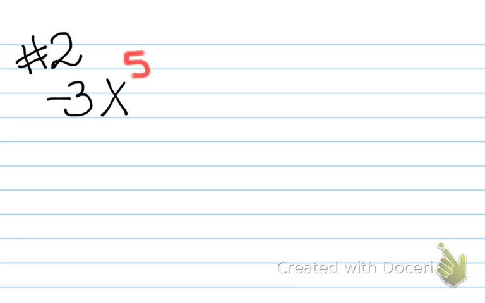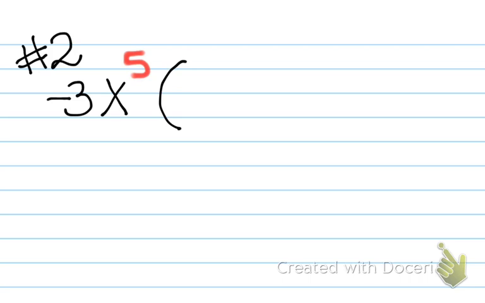Okay, now we're going to need to look at our first example. We have -3, that's our coefficient, x to the 5th power. But we need to multiply it not by one polynomial, but by 2 polynomials. Okay, so we use parentheses when there's more than one.